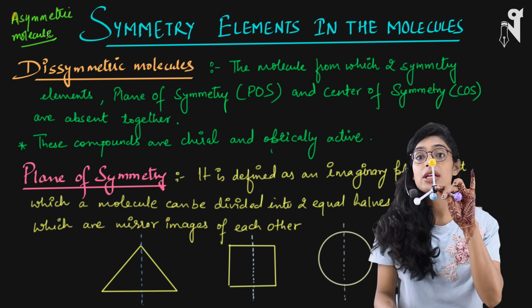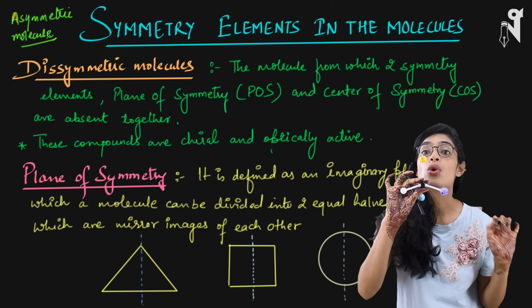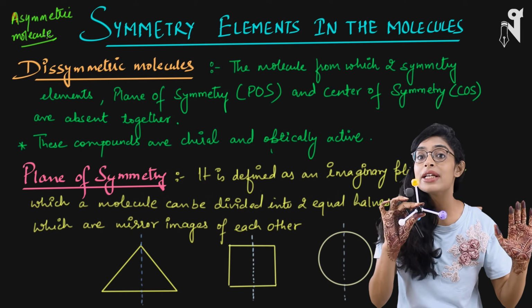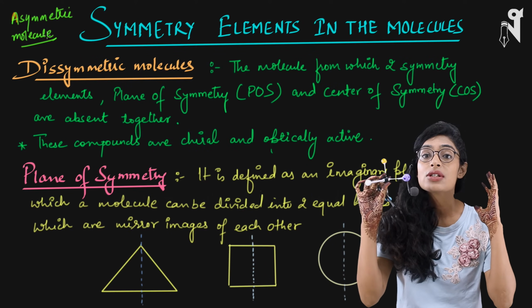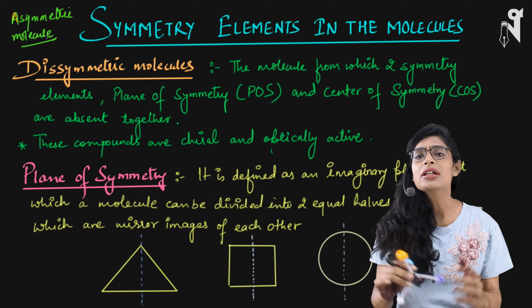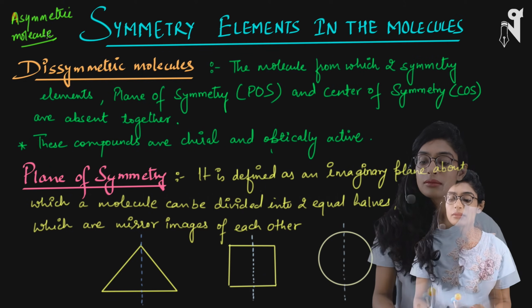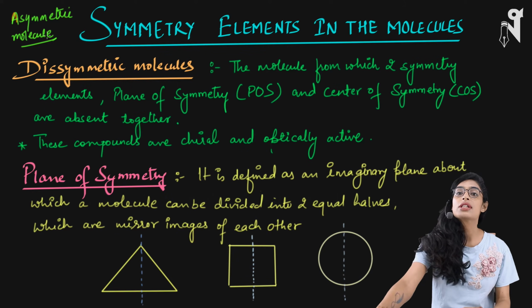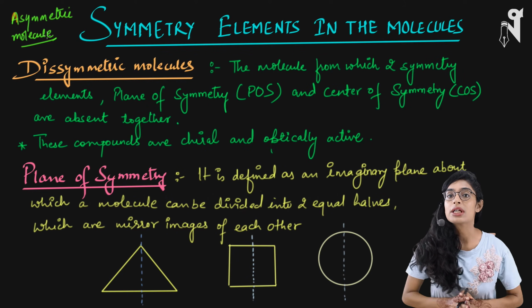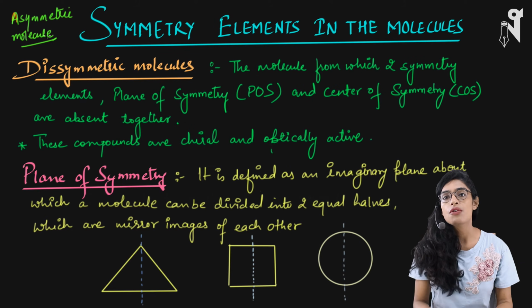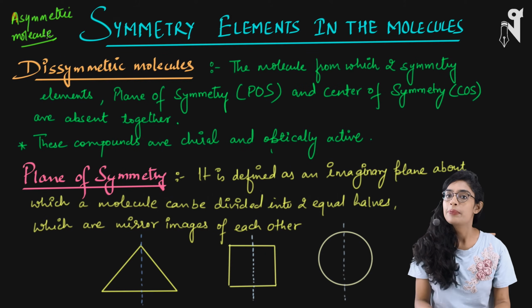This is the reason why it will show optical activity, because it will have no symmetry element at all. When it has no symmetry element, that is a sufficient and ideal condition for a compound to be optically active. When symmetry is not there, the compound will be optically active. Here no symmetry element is present, so this is the perfect condition for a compound to be optically active.